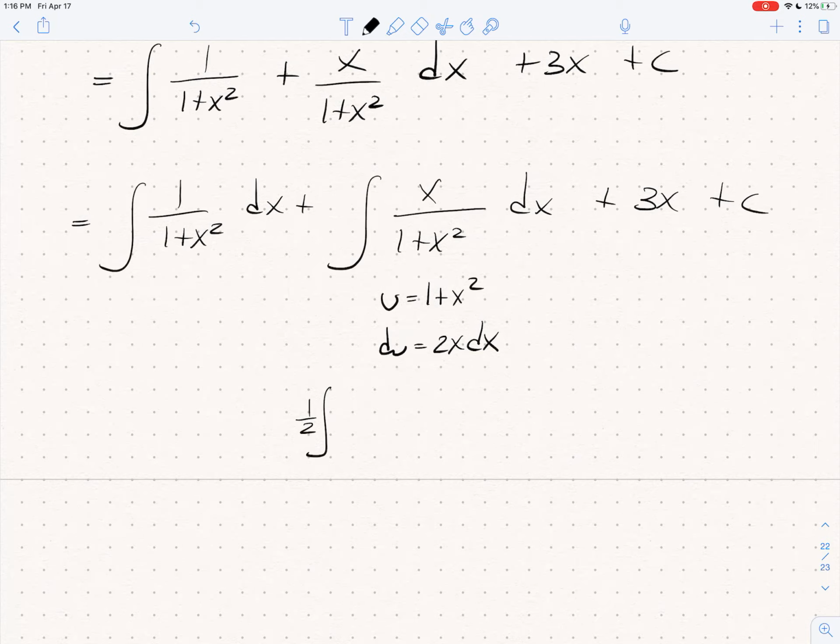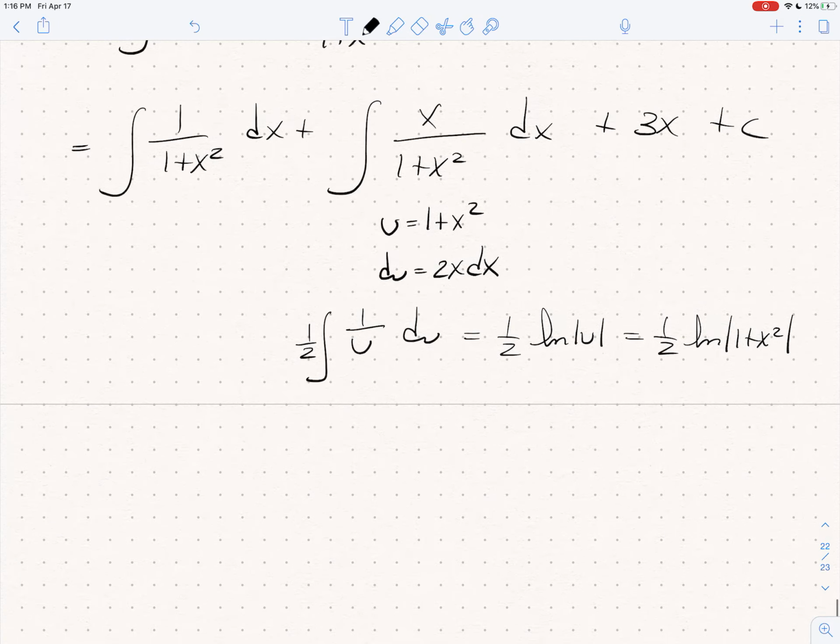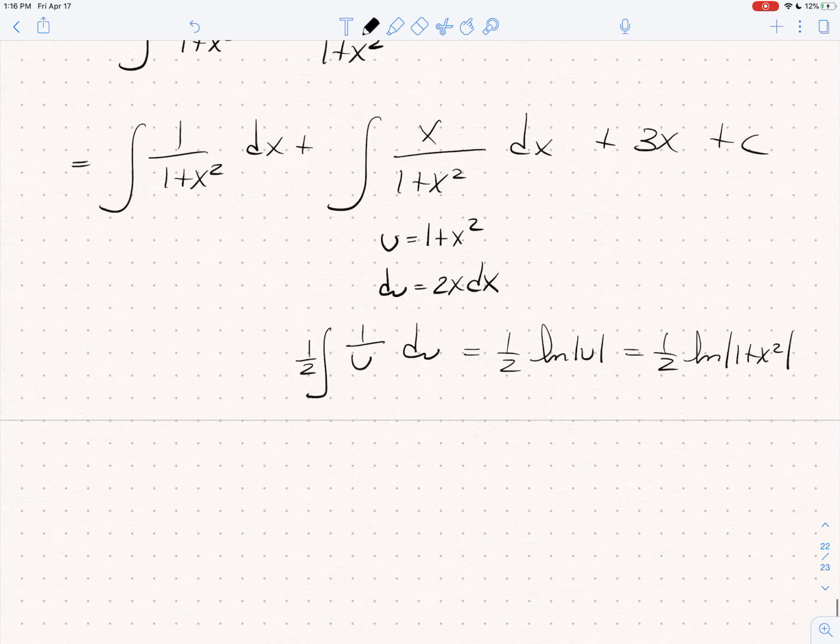So we're going to have a half, 1 over u du. And so when we work this one out, we're going to get 1/2 ln of the absolute value of u, which is 1/2 ln of the absolute value of 1 + x squared. I'll talk about that in a minute. You want to drop those absolute values if the inside is always positive.